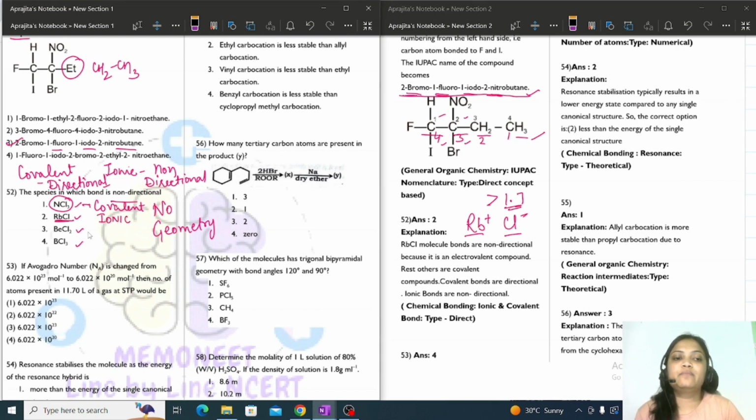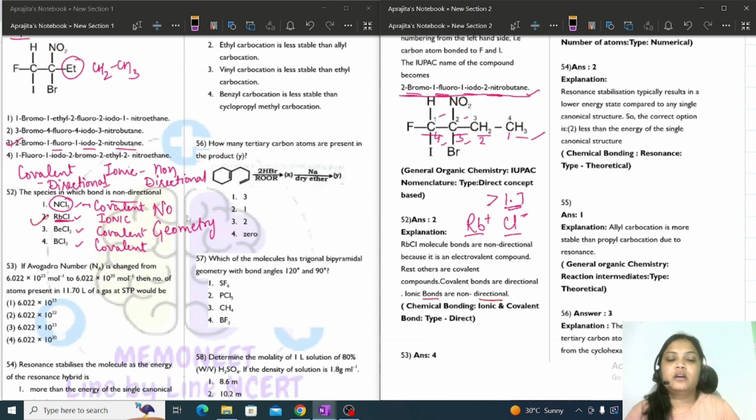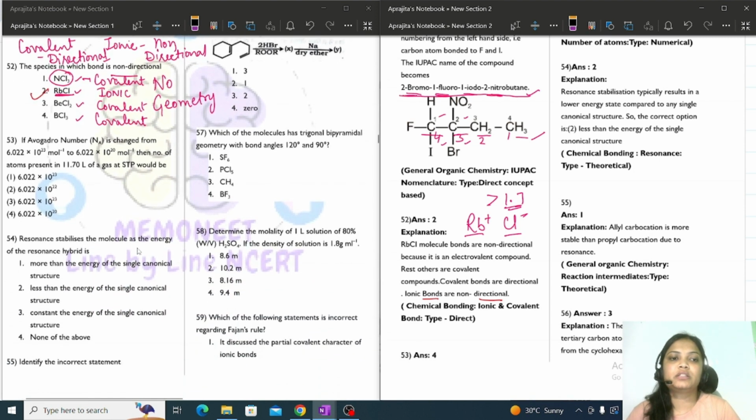Then if we look at beryllium chloride and boron trichloride, both of them are covalent compounds. So it means the correct option would be option number 2, rubidium chloride. Since it's an ionic compound, it is non-directional because ionic bonds are non-directional. So let us have a look at question number 53.